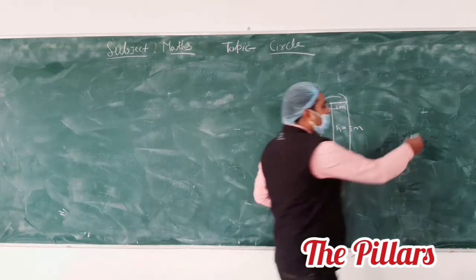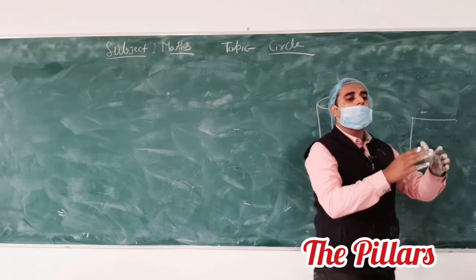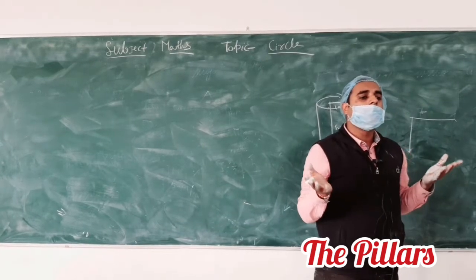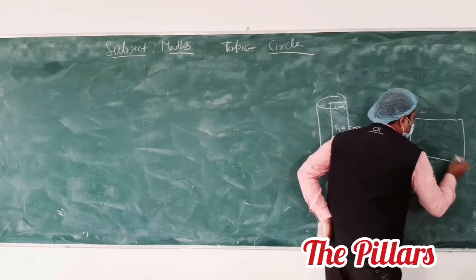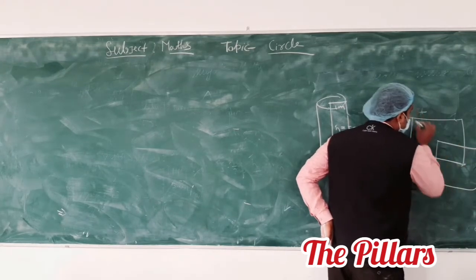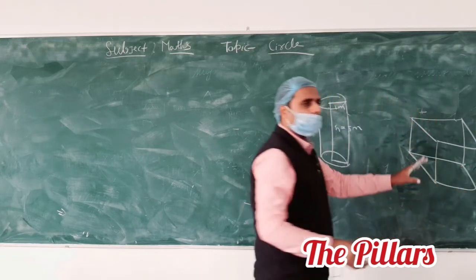Suppose you have a cuboidal park. Because the park is cuboidal, we measure the length, breadth and height. Suppose you have a cuboidal shape like that, and we start to irrigate our land. What does the question tell?